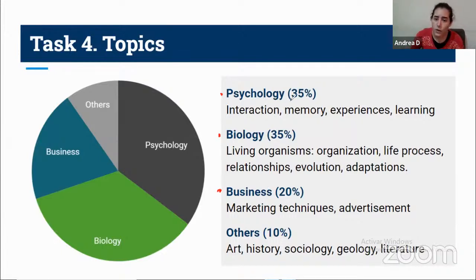So my advice, the reason why I'm telling you what the topics are is because it will be great if you can become familiarized with the vocabulary, with some expressions, if you can do some reading about these topics, if you can listen to some lectures, some TED Talks, some articles, anything that you can find related to these psychology, biology, and business topics.